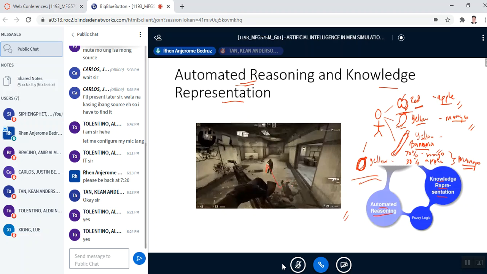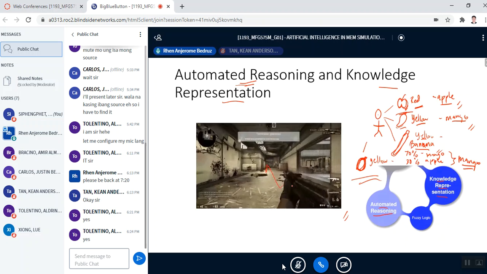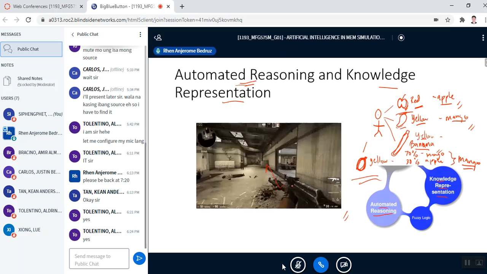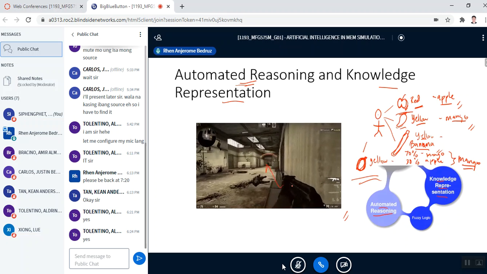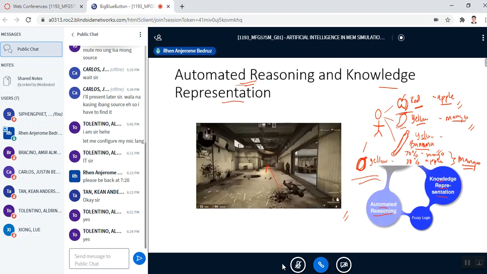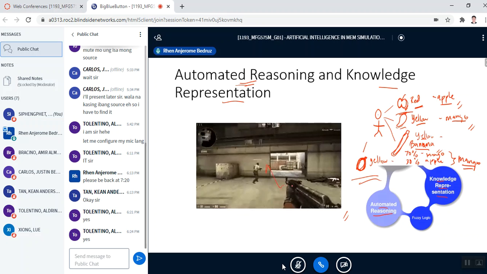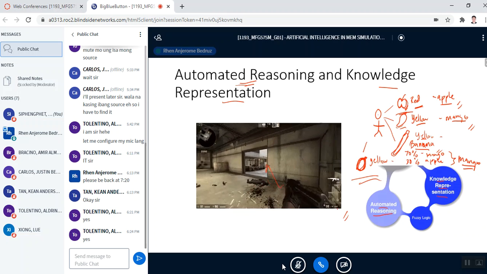To sum up this slide, knowledge representation is just representing what I know or what is being taught to me, while automated reasoning is reasoning out of that knowledge which has been taught to me.